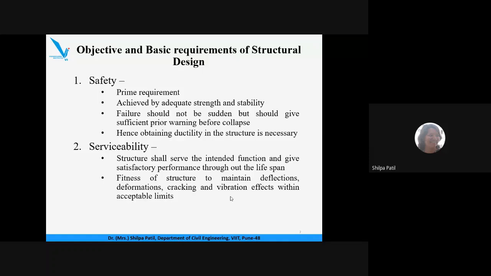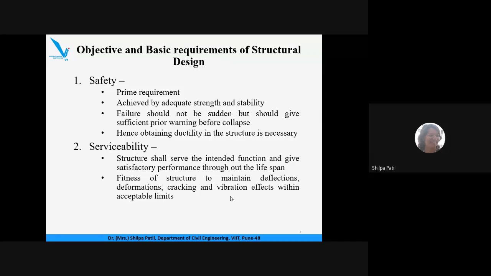So the properties shown by both these materials are exactly opposite in nature, and now we are combining them and trying to use a composite material with the expectation that there will be composite action of both these materials. So when we deal with such composite materials, we have to consider the effect of properties of both the materials together.